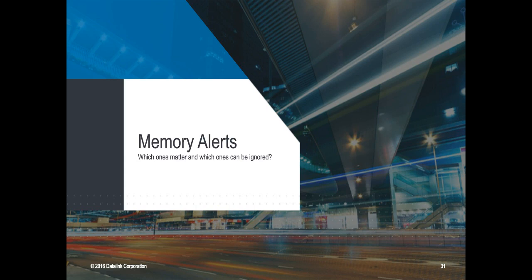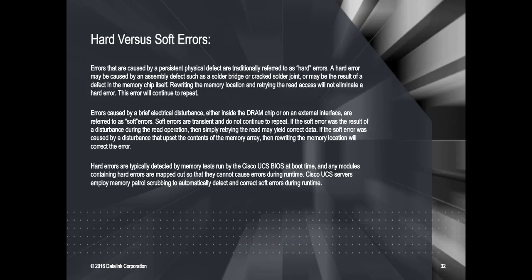Memory alerts. Which ones matter and which ones can be ignored? So we have our hard versus soft errors, the two types. Errors that are caused by a persistent physical defect are traditionally referred to as a hard error. A hard error may be caused by an assembly defect, such as a solder bridge or a cracked solder joint, or may be the result of a defect in the memory chip itself.